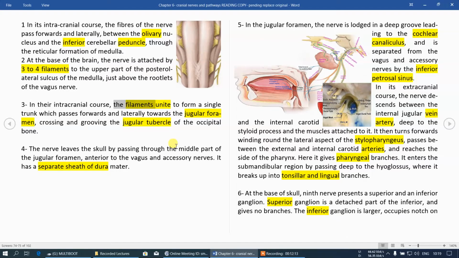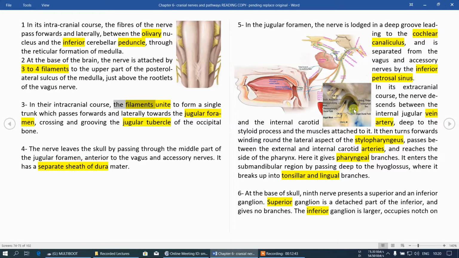For the 12th cranial nerve, you have a separate hypoglossal canal, that is anterior condylar canal. The jugular foramen also transmits an emissary vein, occipital artery and the inferior petrosal sinus, which joins the jugular bulb.